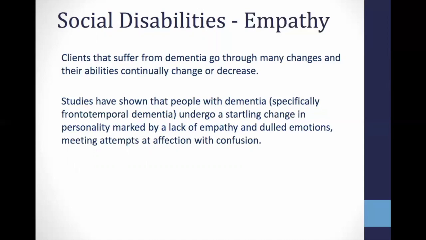Now, some studies have shown that people with dementia, specifically frontotemporal dementia, undergo a really startling change in personality marked by the lack of empathy and dulled emotions, meaning they can't empathize with you or they don't have any emotions towards you. And it can be really, really hard to deal with, especially for families and loved ones, okay? And attempts of affection are usually met with confusion.